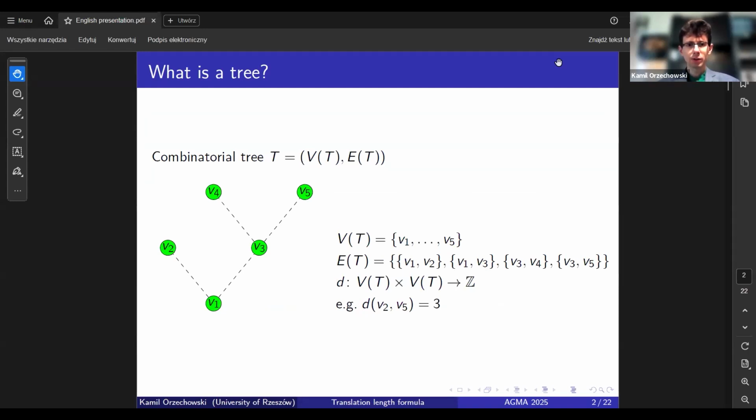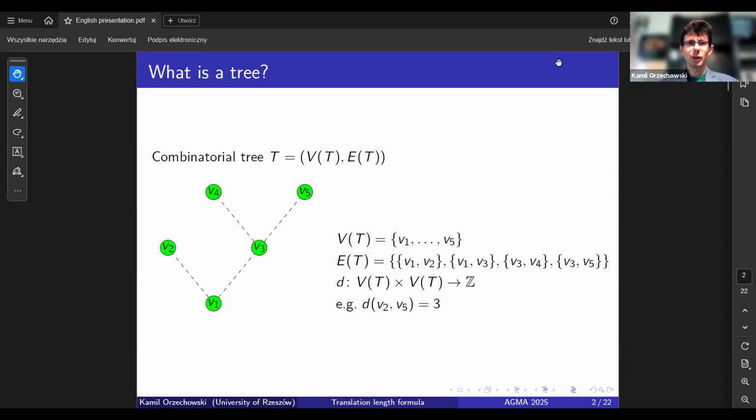I would like to mention that for any two vertices, there exists a unique path without backtracking, joining them, and the length of this unique path determines an integer valued metric on the set of vertices of this tree.